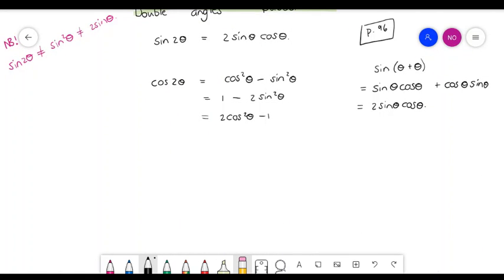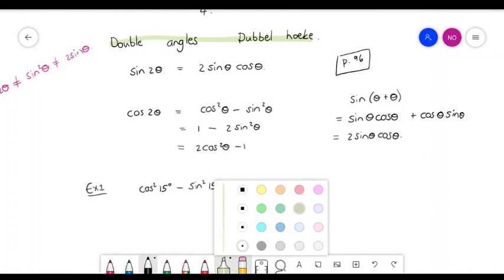So for my first example, evaluate this. Okay.